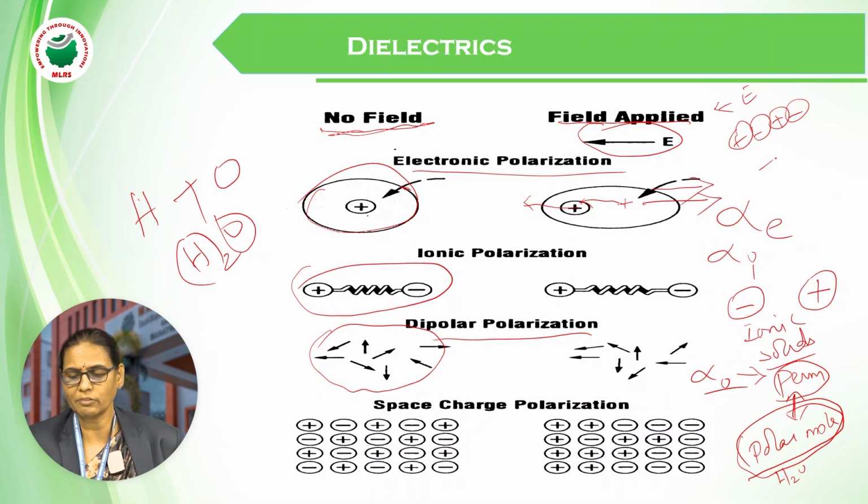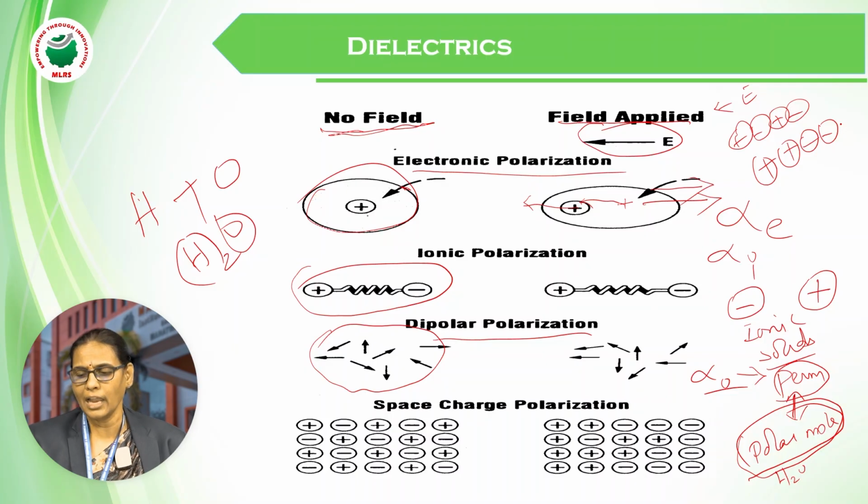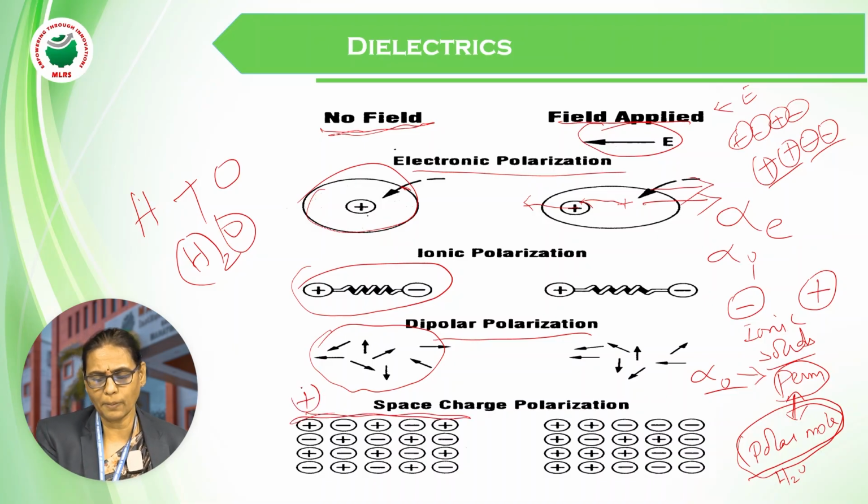With respect to the applied field, all the similar charge carriers try to align themselves along one side, on the surface of the structure. On the surface, all the same type of charge carriers get aligned. This type of polarization we call space charge polarization.